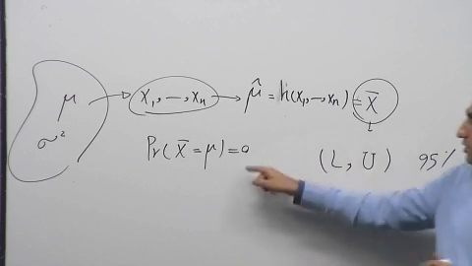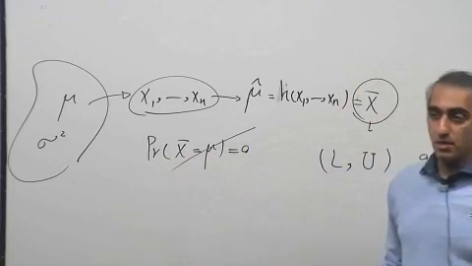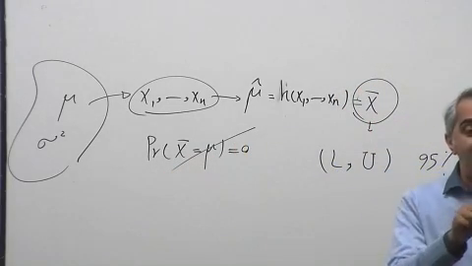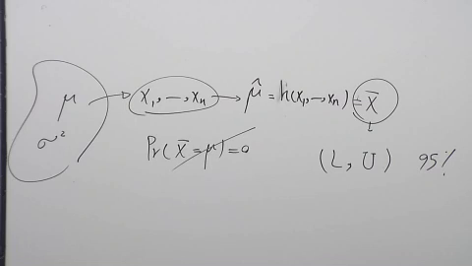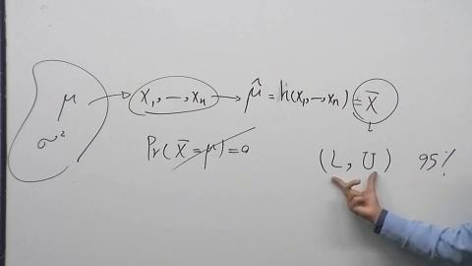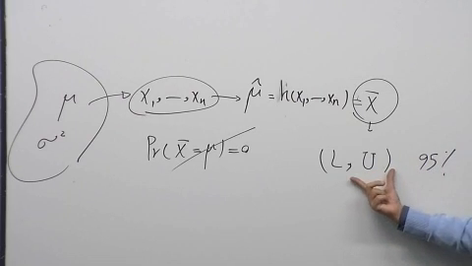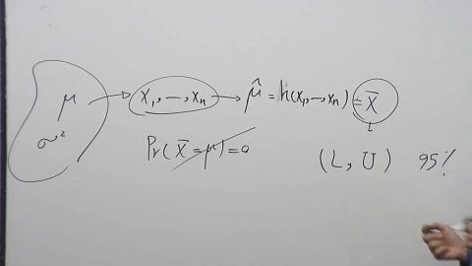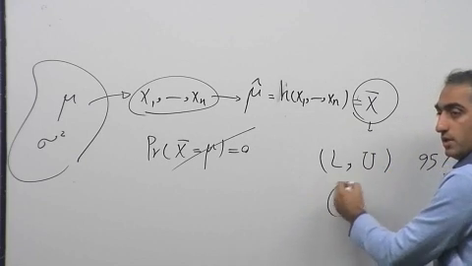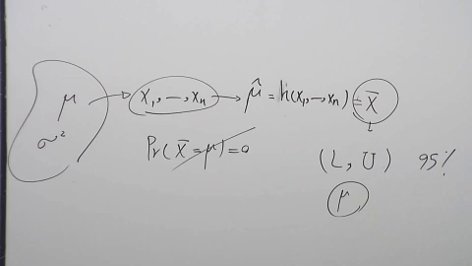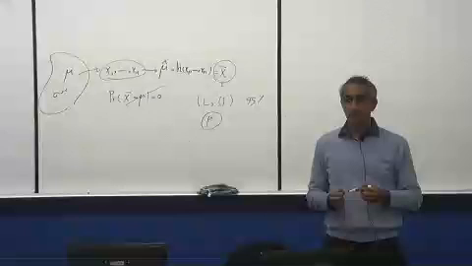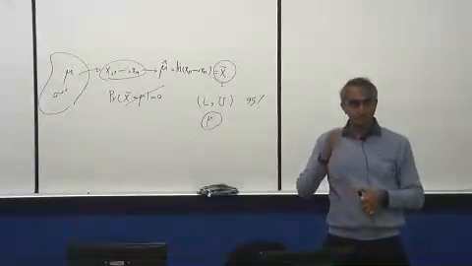Because I know x bar cannot exactly find the value of mu, but I can use x bar to define an interval which, with some confidence, I can claim includes my mu. Okay? This interval is called a confidence interval or interval estimate. That's what we want to do. Is it clear? Any questions so far?